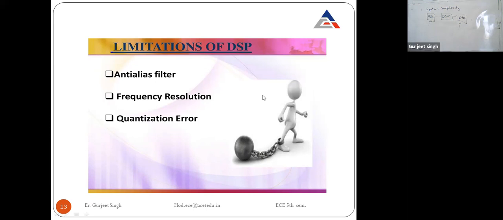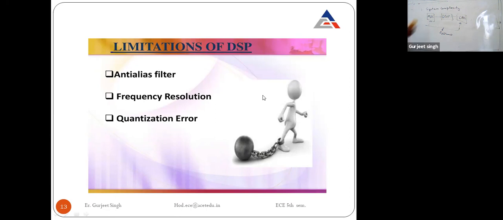These two things make the system complex, so system complexity increases when we use the DSP processor. This is the first drawback.